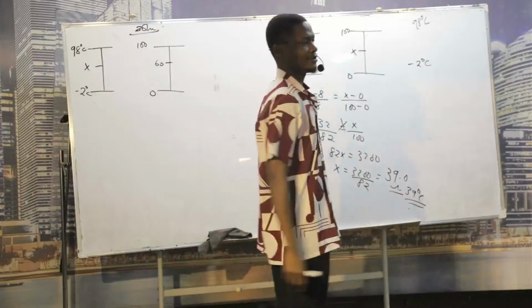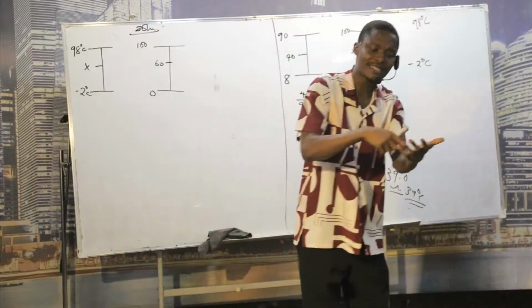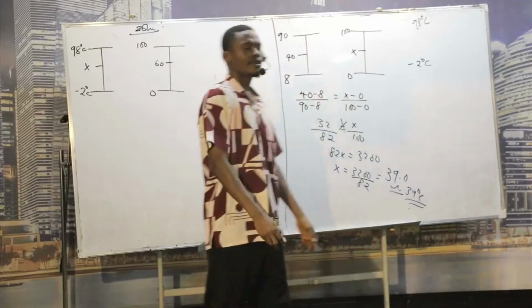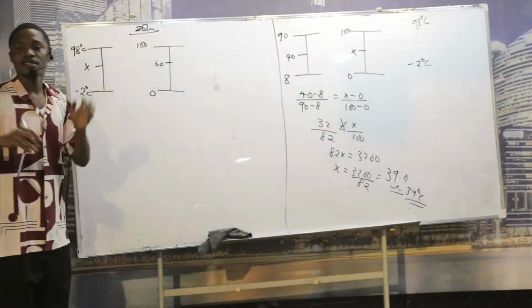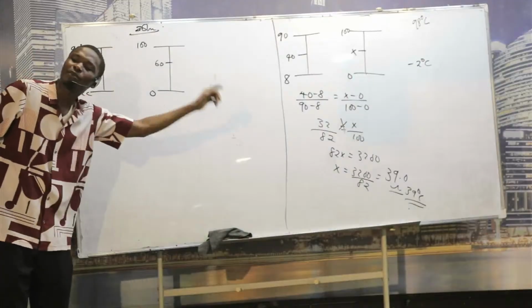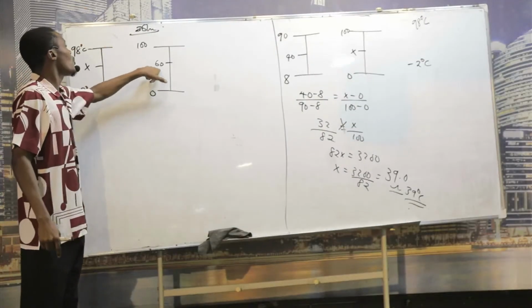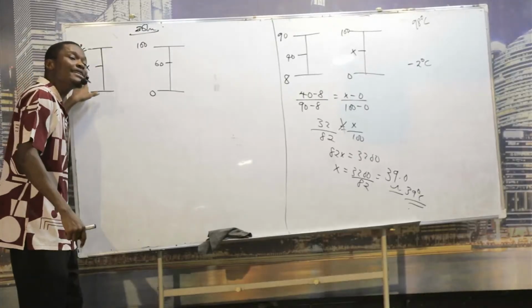When you don't understand English, how will you understand physics? So the question, they are still referring to the bad thermometer. What does this thermometer record when the actual is 60? They even mentioned actual.